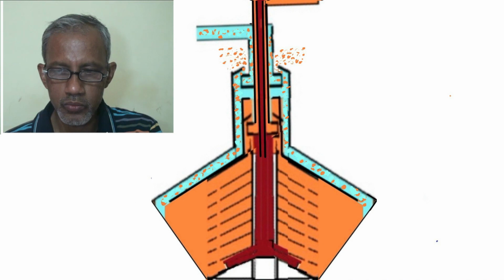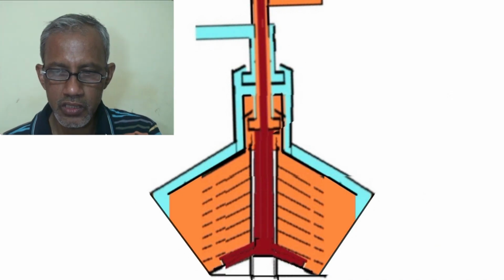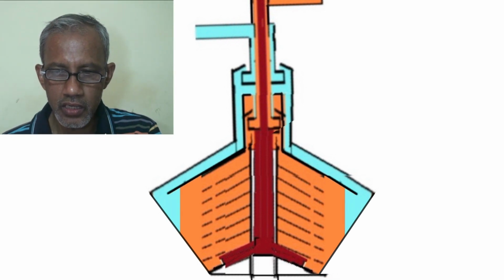That is not permissible. So that is the reason that the interface line is restricted to move from this position, the outer edge of the top disk, right up to this position where it touches the disk stack.